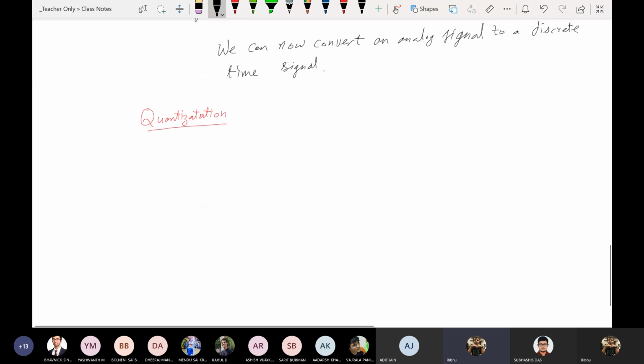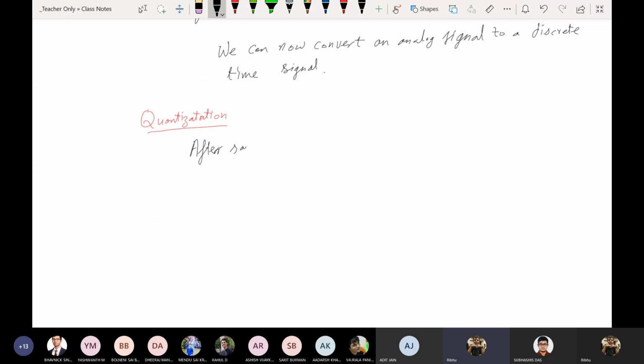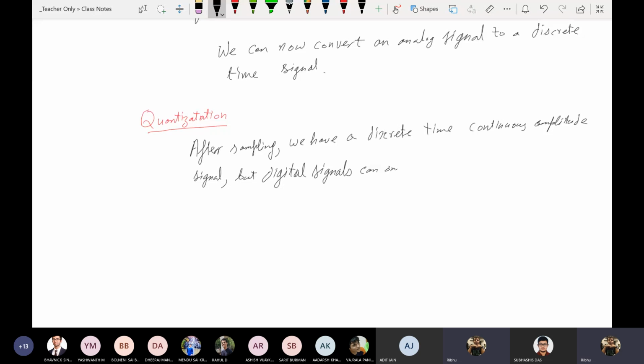So after sampling, we have discrete time, continuous amplitude signals, but digital systems can only deal with signals that have discrete amplitudes.